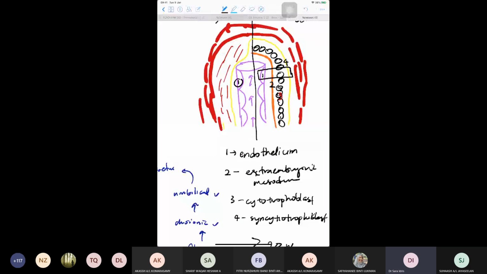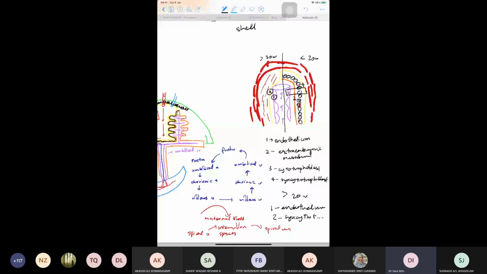After 20 weeks, it is going to be the endothelium and the syncytial trophoblast. This is to ensure that all the oxygen and nutrients will go into the fetal blood faster, to ensure that the fetus can grow optimally as quickly as it needs to. So that's your placenta barrier for you.